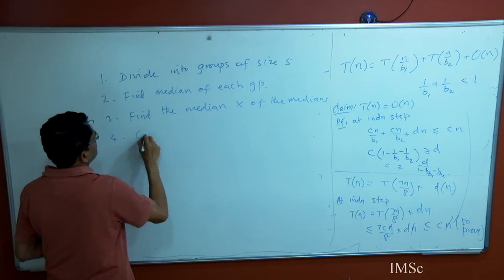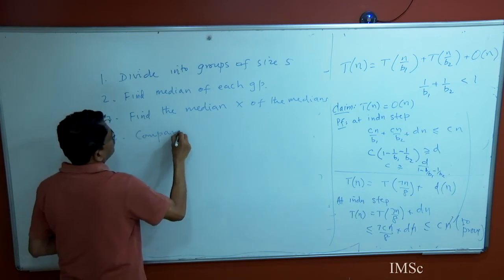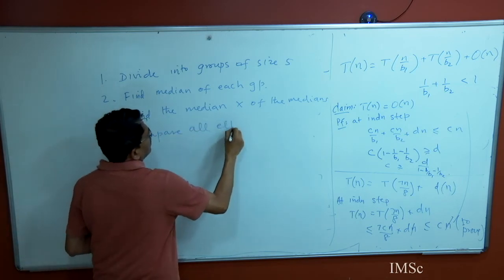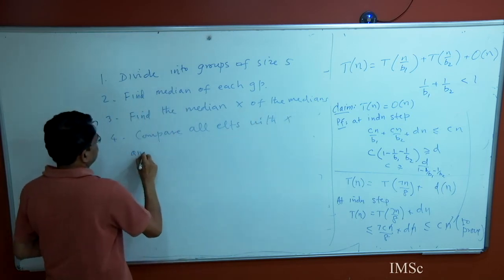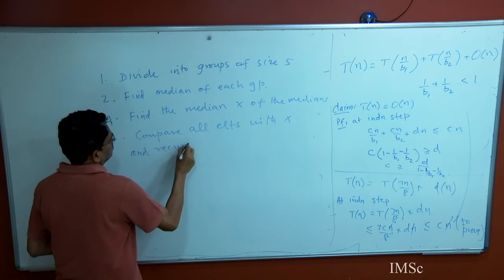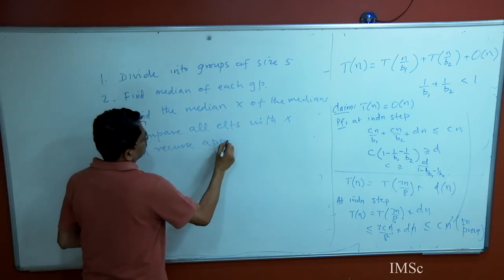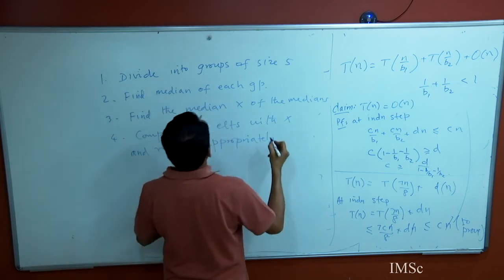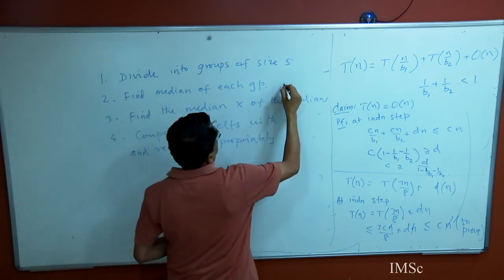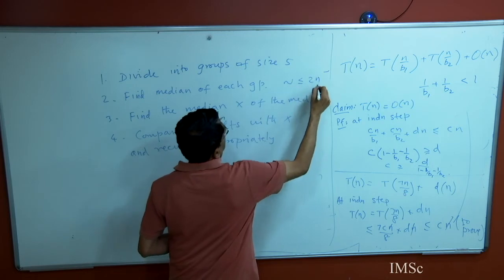And then the last step was compare all elements with x and recurse. And what we saw was the running time. This will be at most 2n.